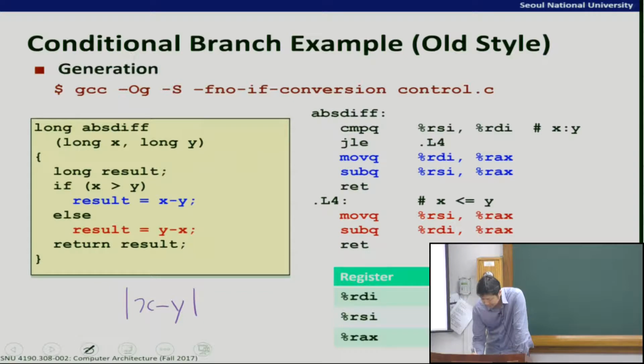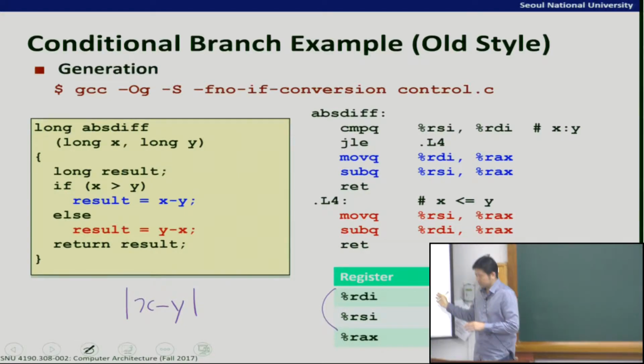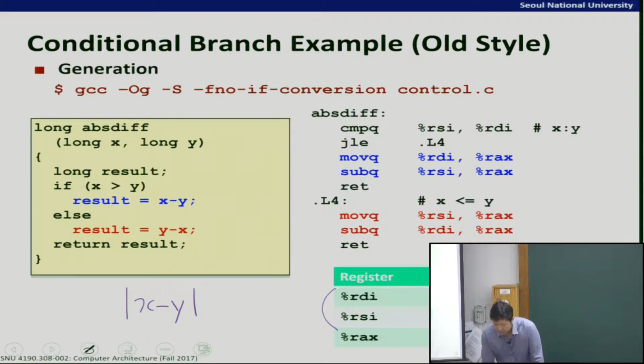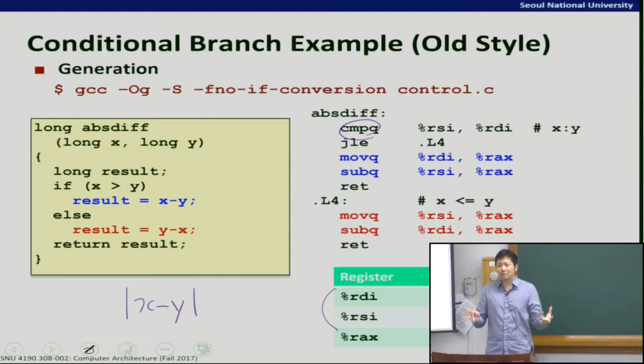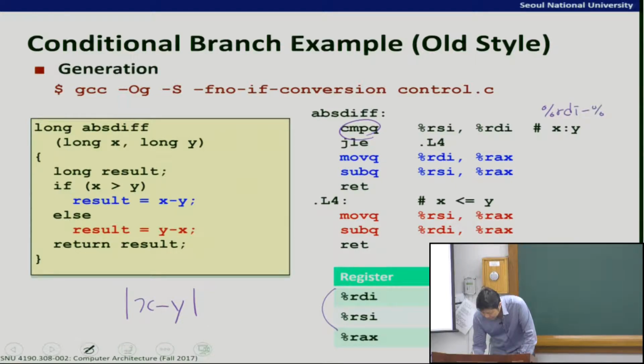So let's see what happens. First, you compare the values of these two input values, x and y. We assume that x and y are provided in these two registers, RDI and RSI. If you remember, the CMP instruction does nothing but subtraction of the two. In this case, it calculates RDI minus RSI, but we don't store the result back to the register.